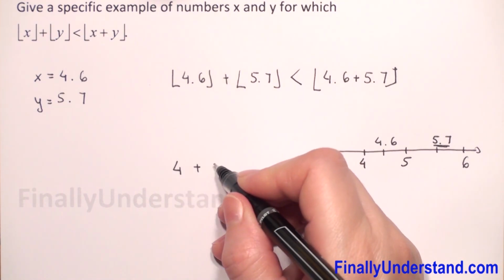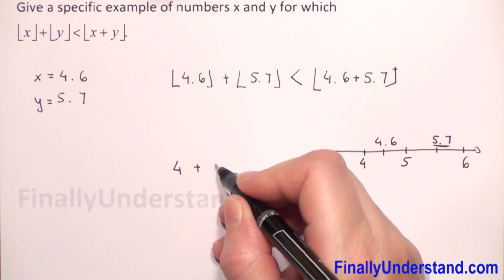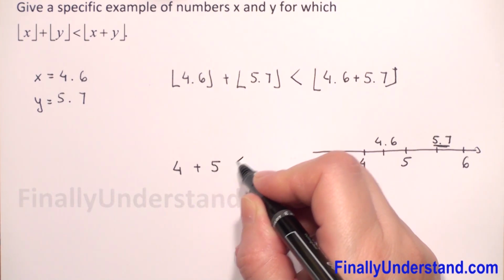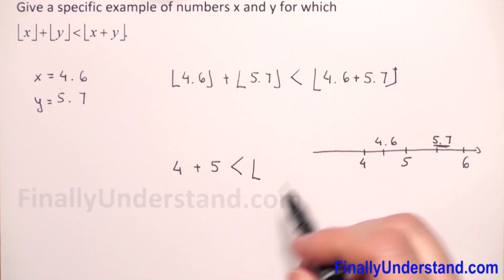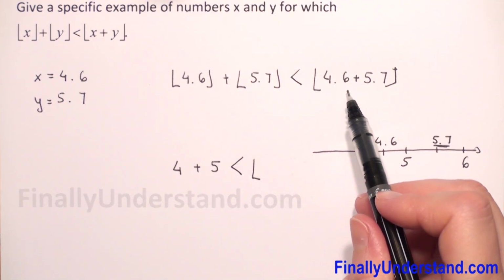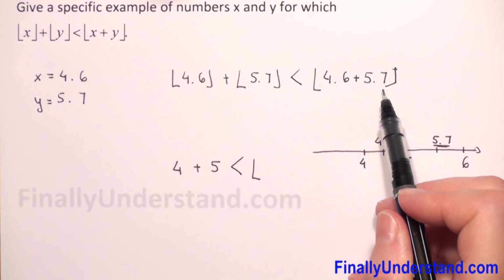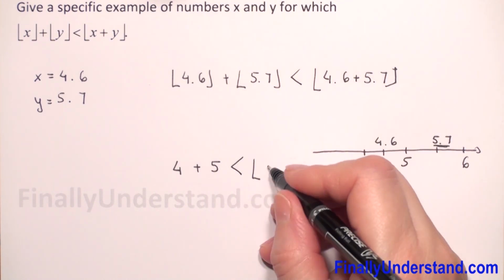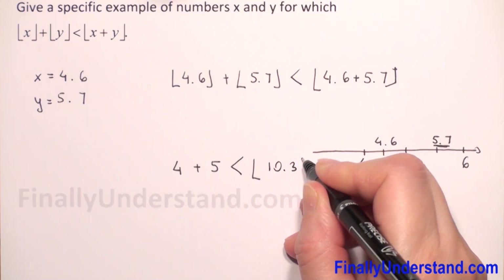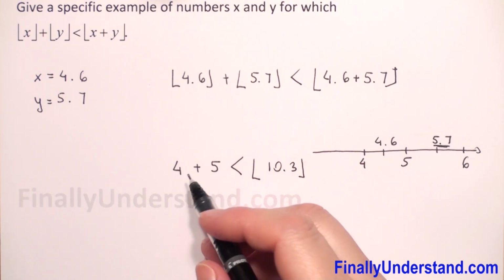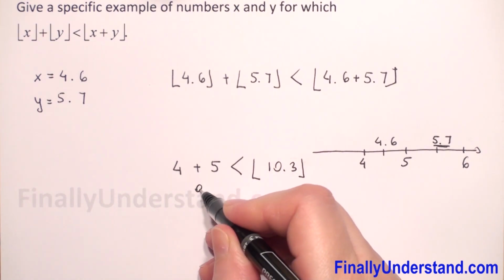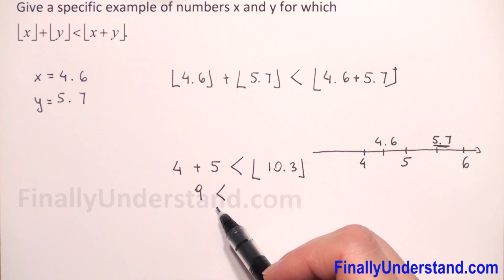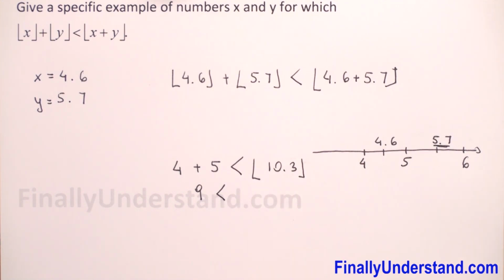So we have that floor of 5.7 is 5, and this is less than floor of 4.6 plus 5.7. This is equal 10.3. So on the left side, 4 plus 5 is 9. This should be less than floor of 10.3.